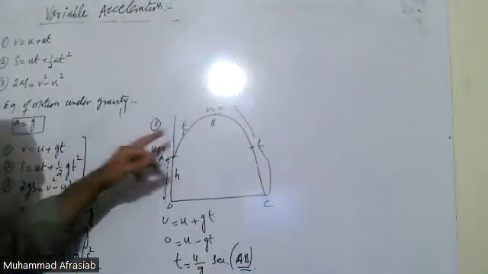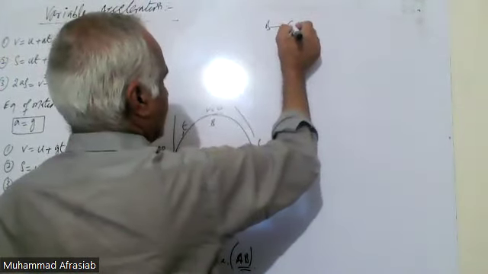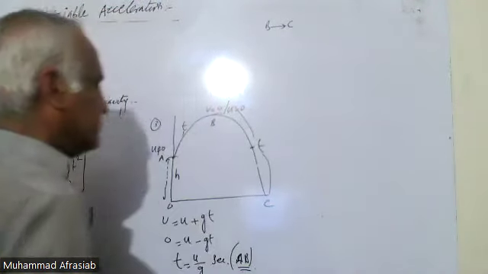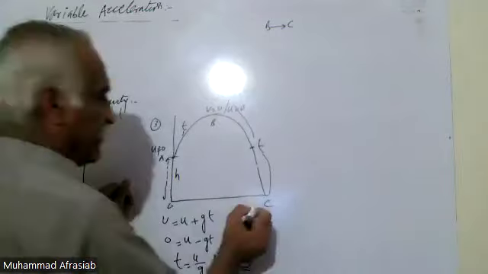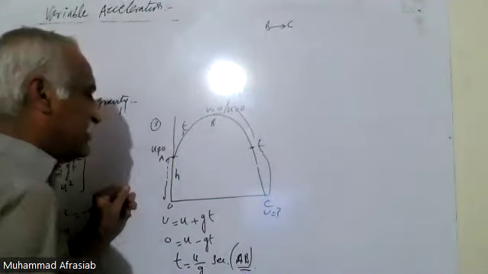Then from B to C, the initial velocity will become equal to 0, and the final velocity will become equal to v, which we are going to calculate.